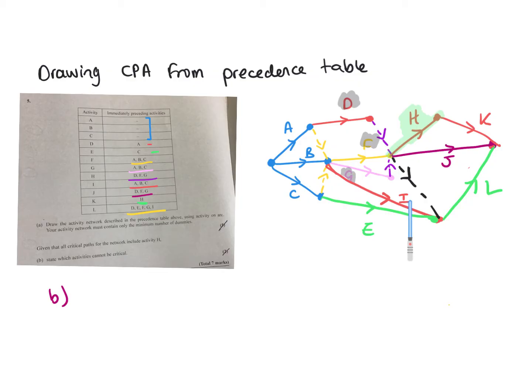So if we have a look, I, E, L and J, no matter which path we take, we will never be able to do one of those and then go through H. Or one of these do not come out of H. Okay? So the answer here would be E, I, L and J.